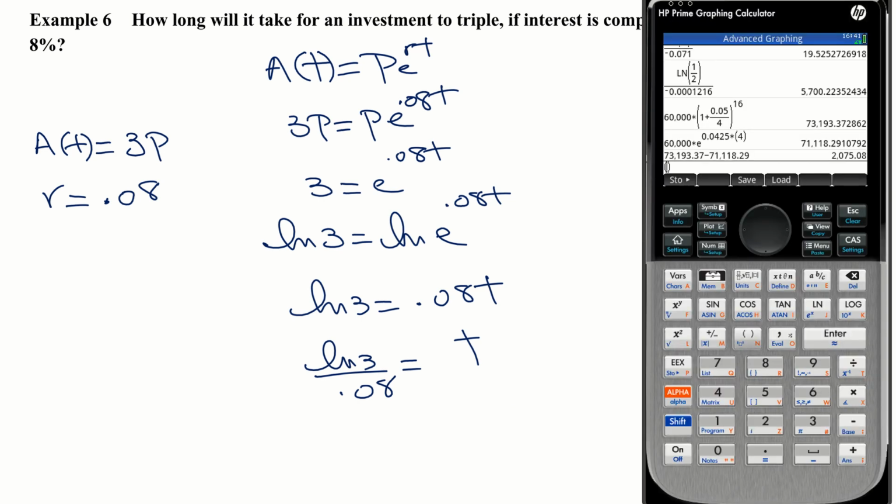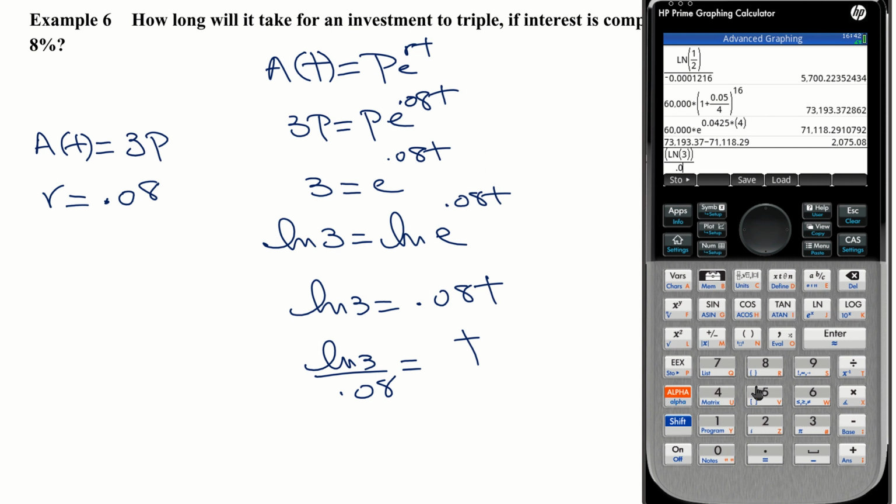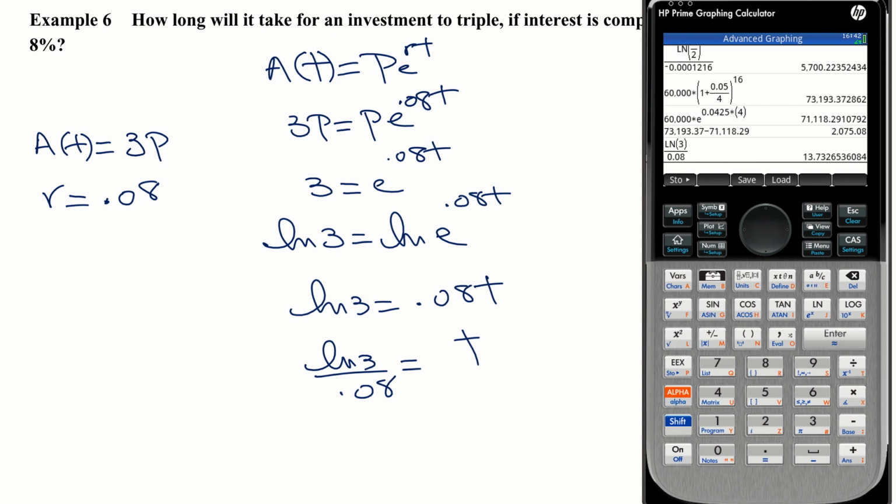So parentheses for our numerator, ln of 3, divided by 0.08, and there we have it, 13.7 years.